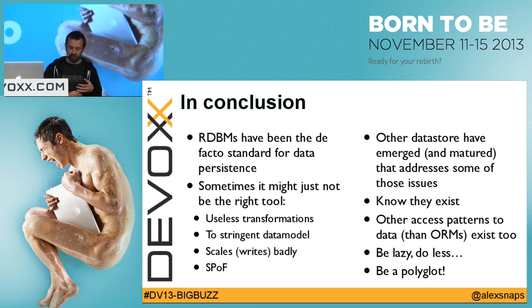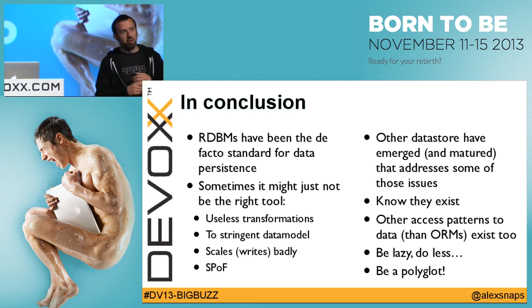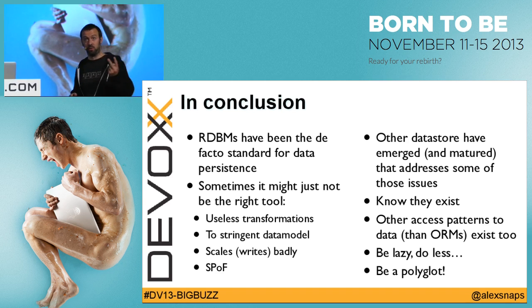And I think now in the meantime, those other data stores, they've matured a lot. I think they address some of those issues I have on the other side. And again, I think it's really important for you to know that they exist, look into them. I would even go as far as to say, for each type of NoSQL data store, I would encourage you to look at least into 2 different ones.